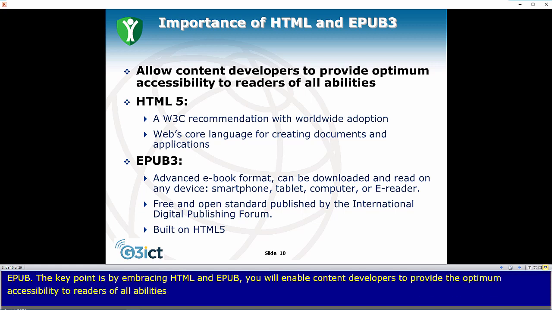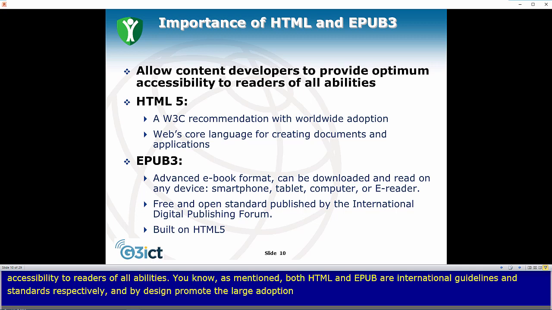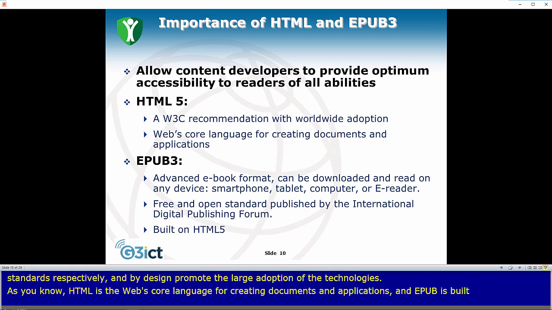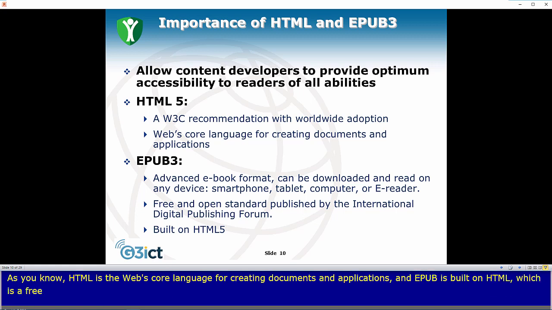As mentioned, both HTML and EPUB are international guidelines and standards respectively, and by design promote large adoption of the technologies. As you know, HTML is the web's core language for creating documents and applications, and EPUB is built on HTML, which is a free open standard offered by the International Digital Publishing Forum.